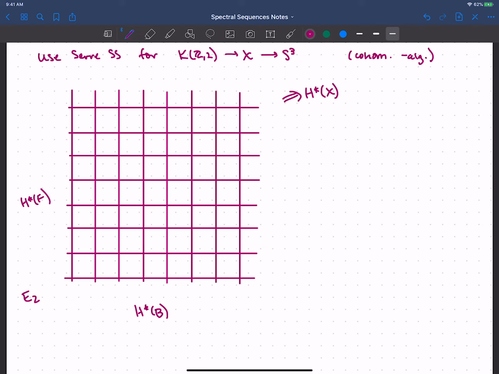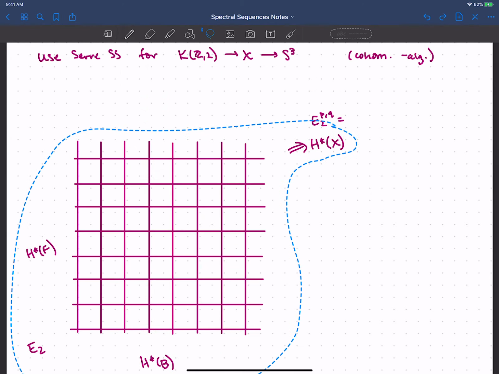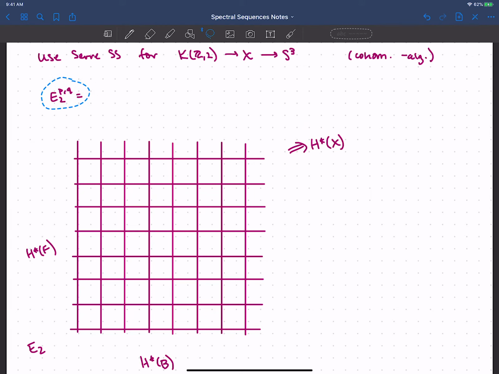And that's the thing that we're after now. Okay, I think you all know this by now, but maybe let me write that E2, because I think I'm going to be crowded for space.